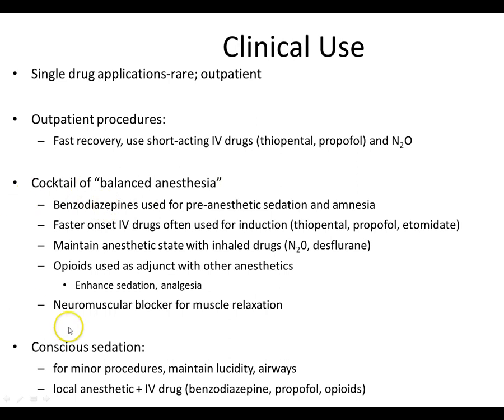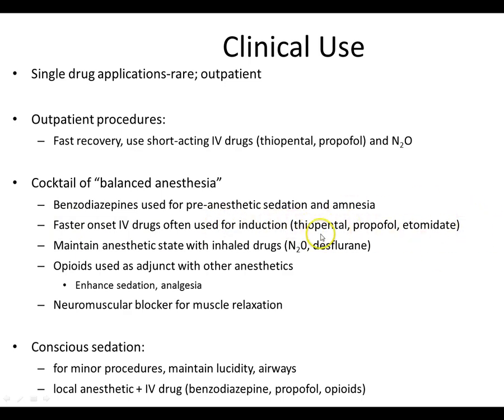And then for longer procedures, more intense, deeper anesthesia would be necessary. And in this case, you would use a cocktail of balanced anesthesia. So very typically, you would start with a benzodiazepine used for pre-anesthetic sedation and amnesia. You'd start with some of the faster onset IV drugs that are often used for induction, thiopental, propofol, or etomidate.